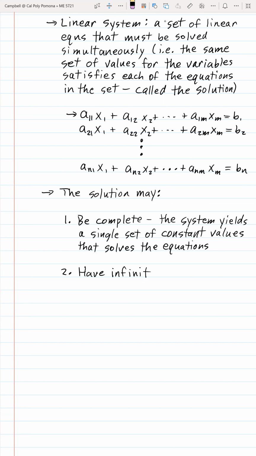We can also have infinitely many solutions. And in this particular case, we'll need to use parametric values.